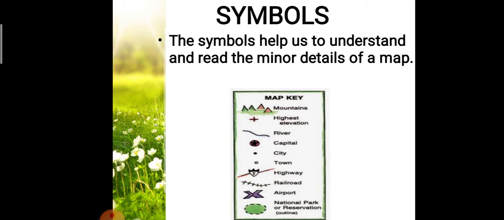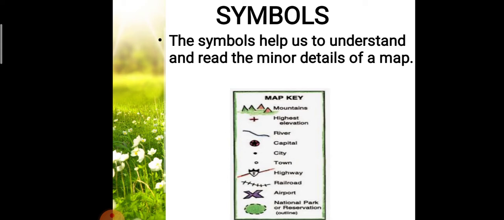Suppose you are going to a place and you are not aware of the language spoken there, or you don't know how to read or write the language spoken there. But if you know how to read the symbols written on a map, then you can simply locate that place or you can simply move around in that place.